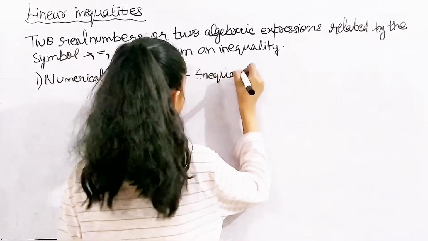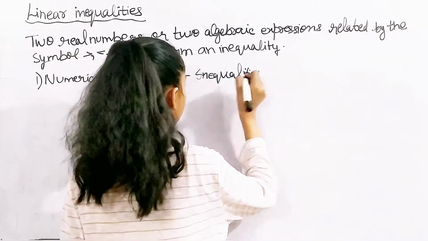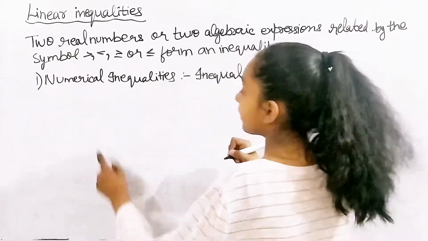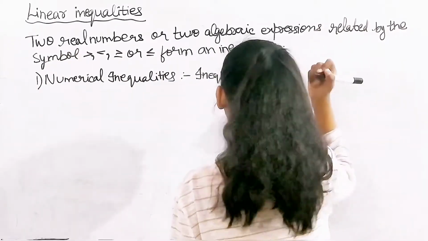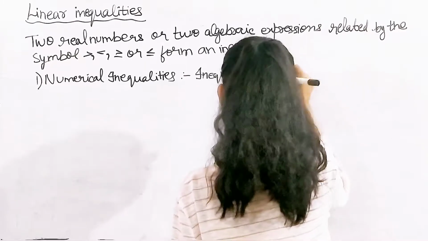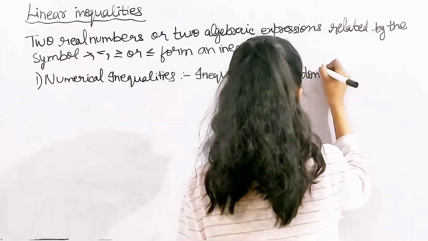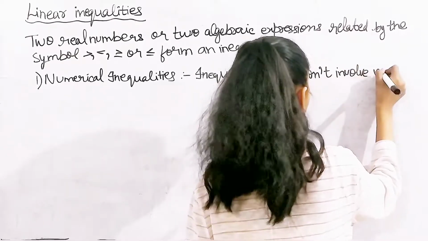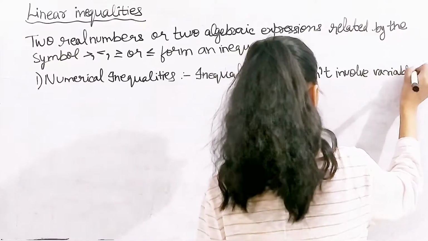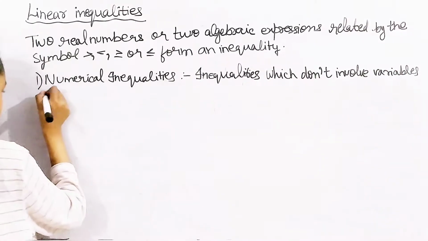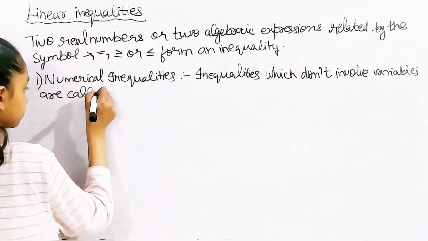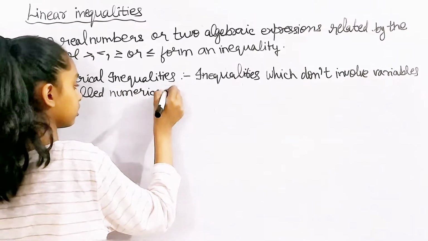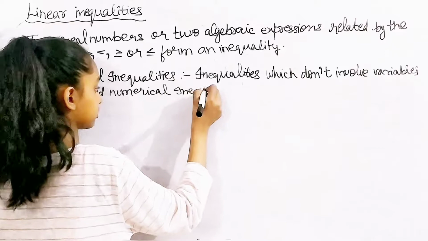I don't know what's the problem with these markers, but seriously, they're not working. Inequalities which don't involve variables are called numerical inequalities.